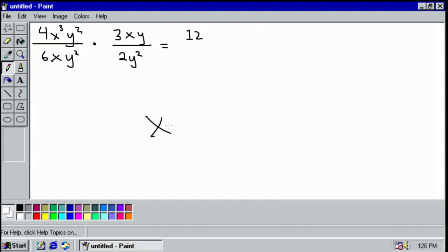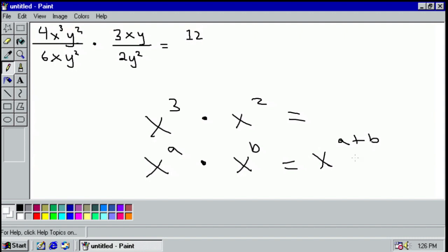To recall, we have this rule: x raised to a times x raised to b, you will just add the exponents.